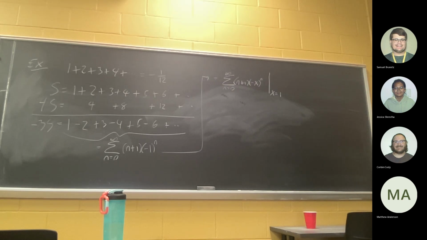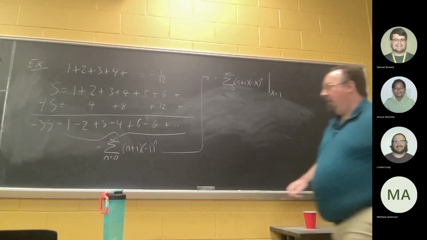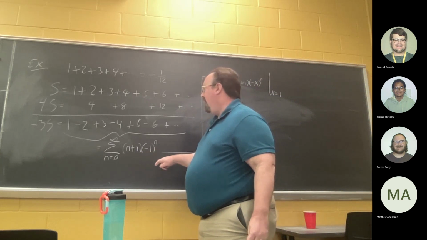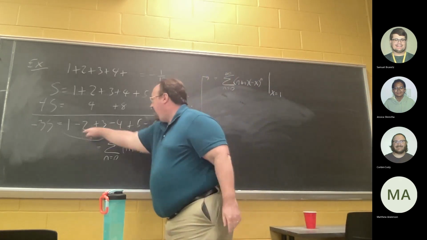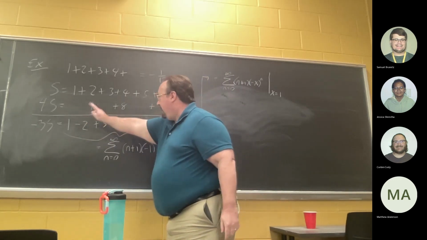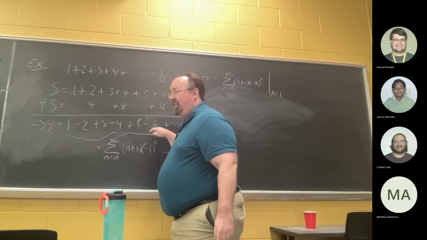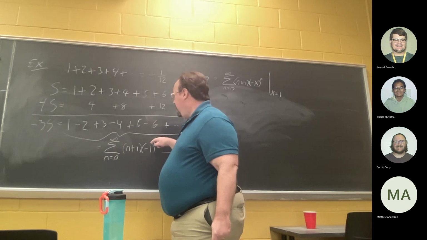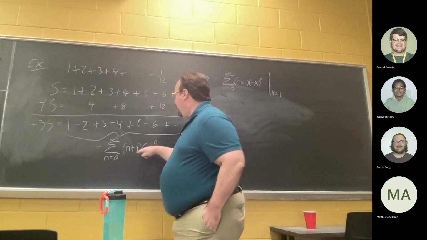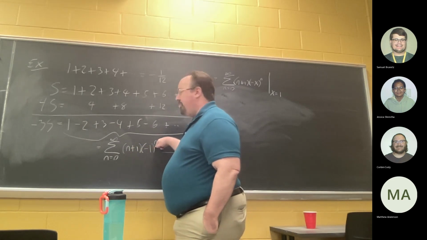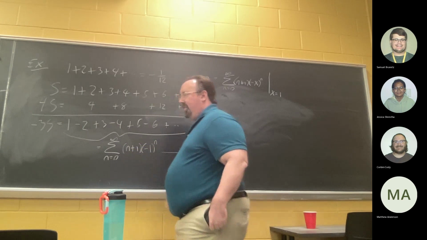The n plus 1 gives me 1, 2, 3, 4, 5, 6, but minus 1 to the n causes the flipping of signs. If n is 0, this is 1, and then minus 1 to the 0 would be plus 1.